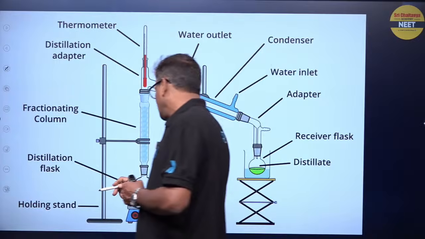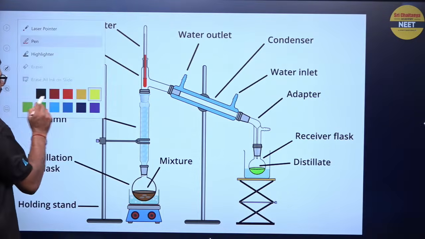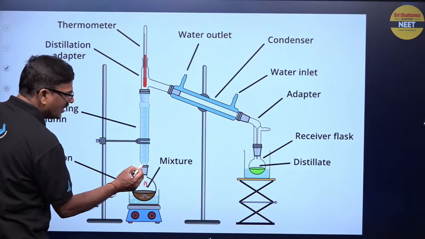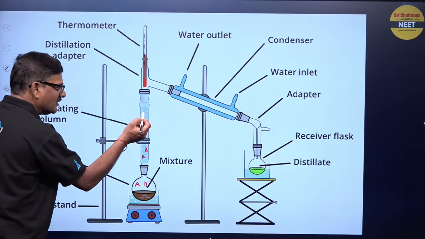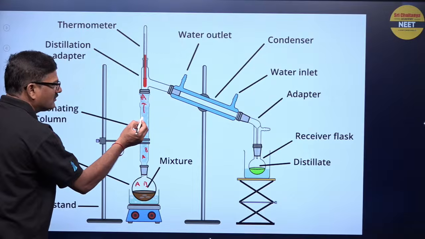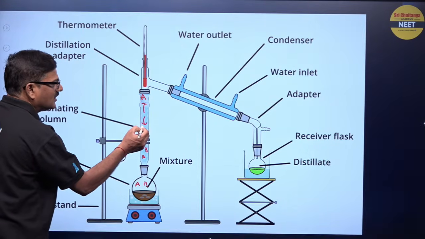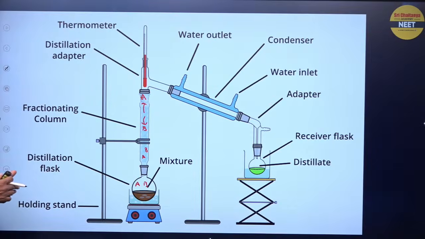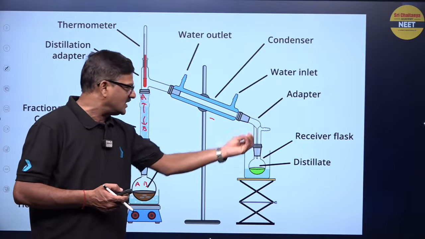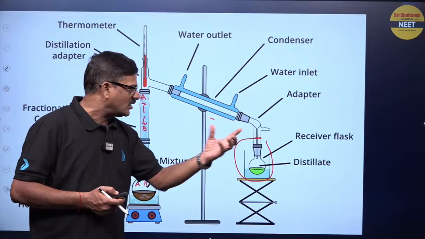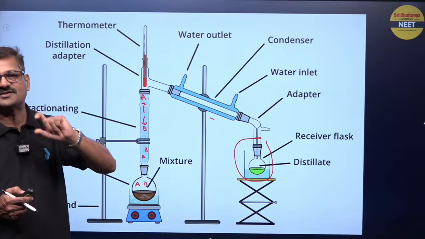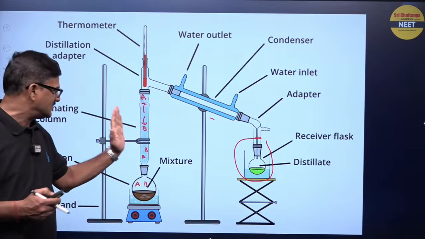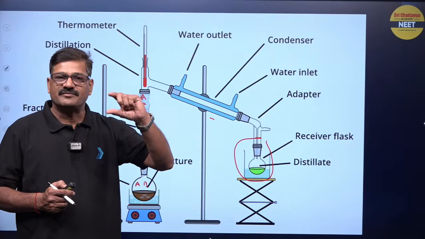If the liquids have a little difference in their boiling points, let us say liquid A and liquid B, both are going to rise along with each other, but the one having the lower boiling point will go up, and the other, relatively having a higher boiling point, will come down. So this is how fractional distillation is done, and as it distills, you are going to get small collections in the receiver flask. This is a fractionating column, and this is going to be a fraction.